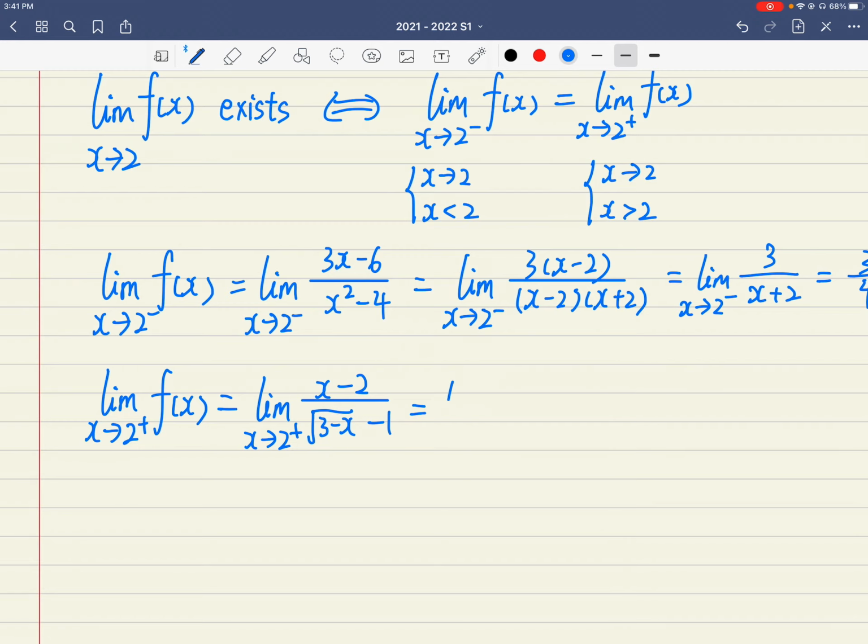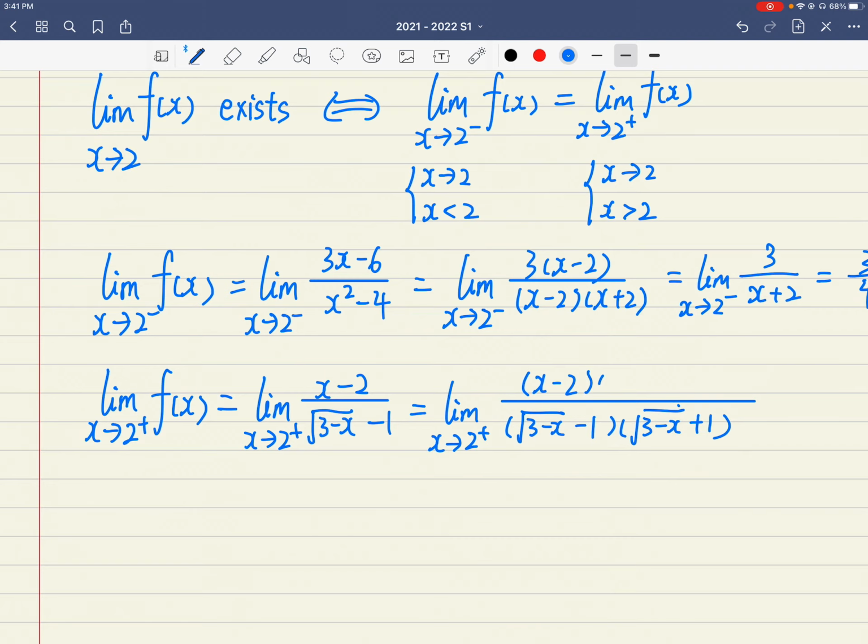Here we can do the rationalization. We can multiply the bottom by sqrt(3 - x) + 1, and multiply the top by the same value.